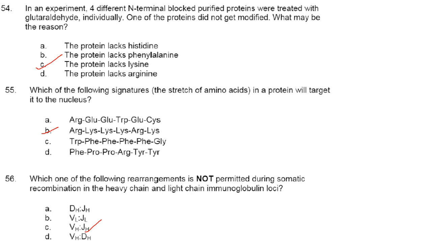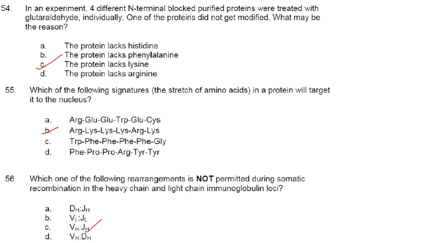Answer is option B. Then, which one of the following rearrangements is not permitted during somatic recombination in the heavy chain and light chain immunoglobulin loci? Segments of genomic DNA within the immunoglobulin genes are rearranged in the cells of the B lymphocyte, and the process is known as somatic recombination.